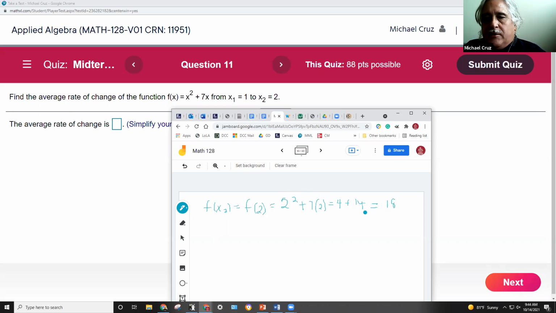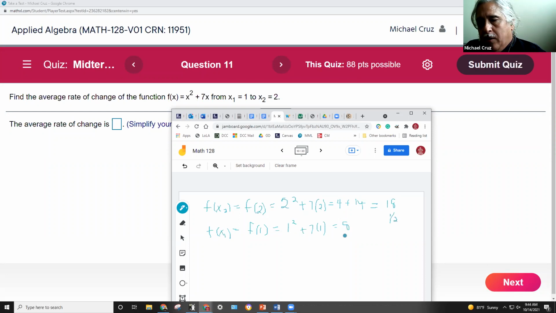All right, so this is essentially, let's just call it y2 to simplify things. That's the second point, the counterpart to this one in the numerator. And then f of x1 is equal to 1, or f of 1. This one will be easier to figure out. That's 1 squared is 1 plus 7, so it's 8.